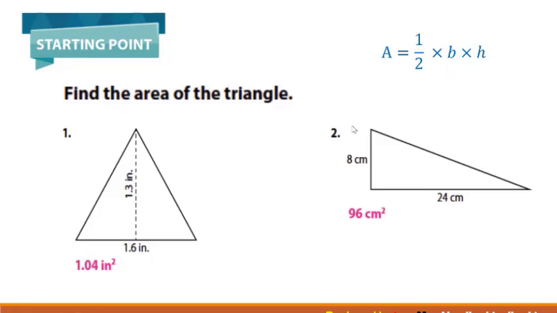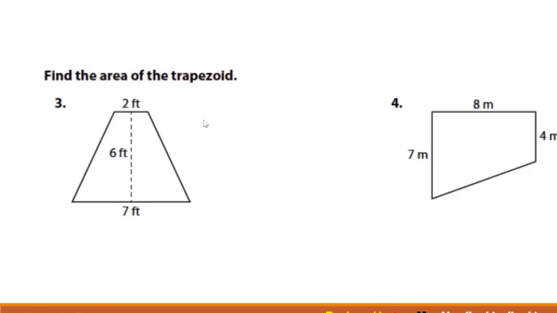Then we find the area with the same idea, and we have this result. Okay, we take half times 24 times 8, which gives you 96. Now, how to find the area of a trapezoid? For the area of a trapezoid, we have another formula: A plus B divided by 2 times H. A and B mean this side and this side, and they are parallel, and here they equal 2 and 7.